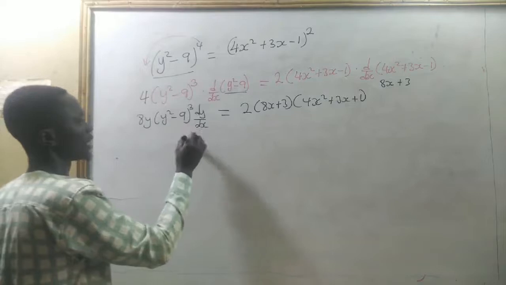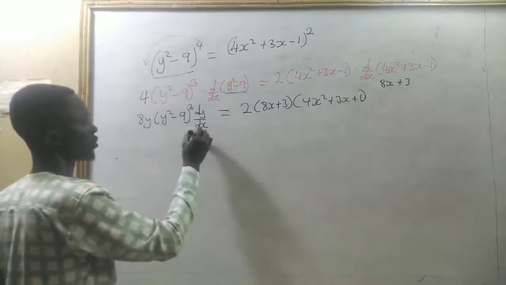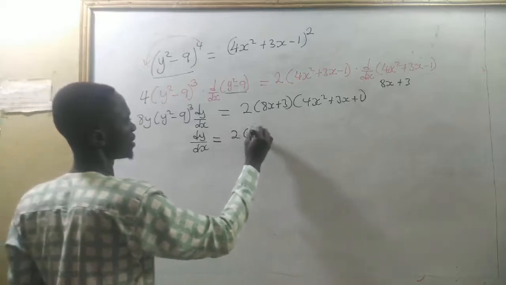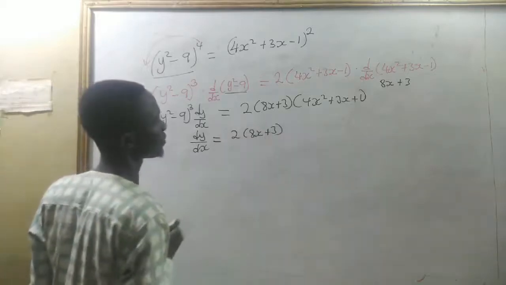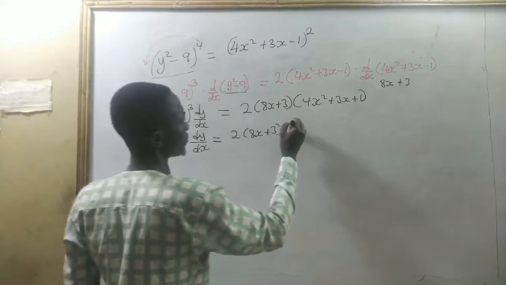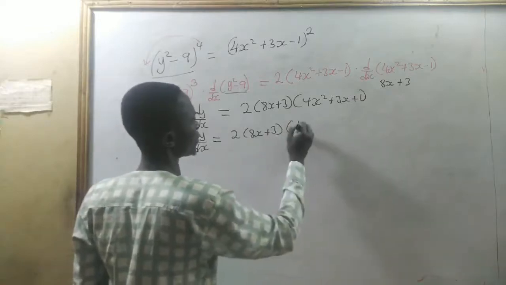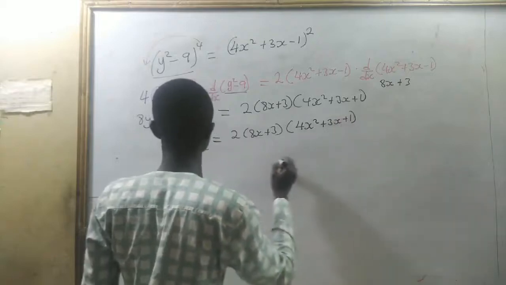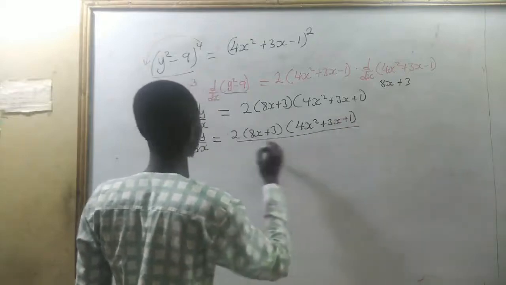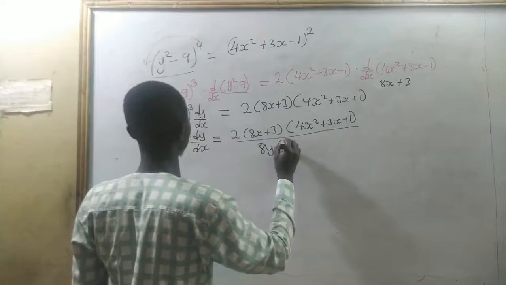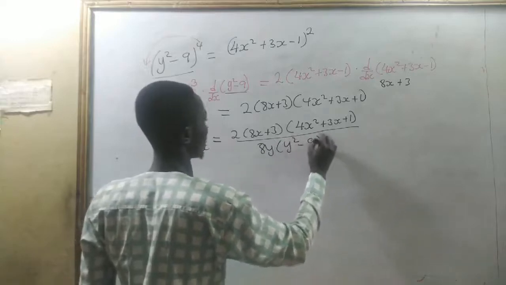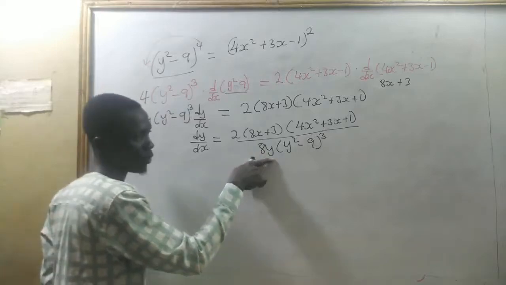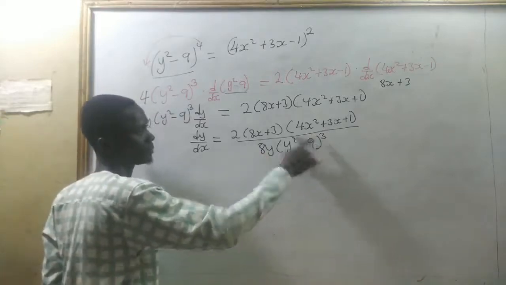And we divide this by that, so we have the derivative of y with respect to x is equal to 2 into bracket 8x plus 3 times 4x squared plus 3x minus 1, all divided by 8y into bracket y squared minus 9 to the power 3. Remember, you cannot multiply 2 by 8y, since this one has a power.